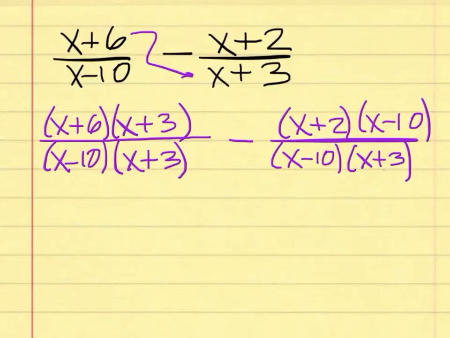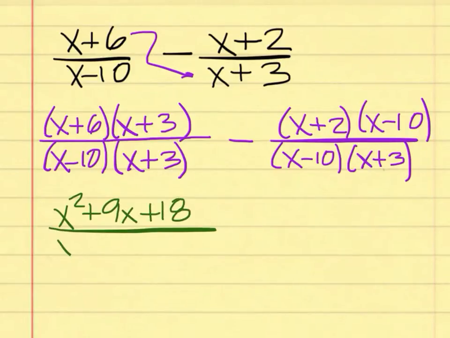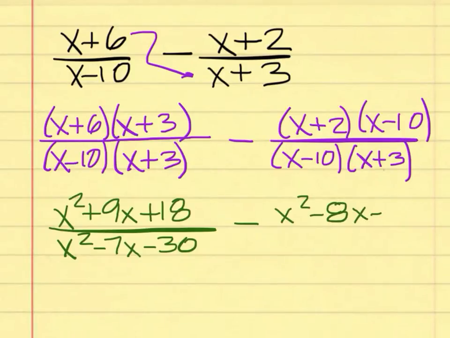All right, when we put these together, well, we can't put them together yet. We have to simplify. So on the top, we have x squared plus 9x plus 18, and that will be over x squared minus 7x minus 30. On the right side, x squared minus 8x minus 20, and that's over x squared minus 7x minus 30.